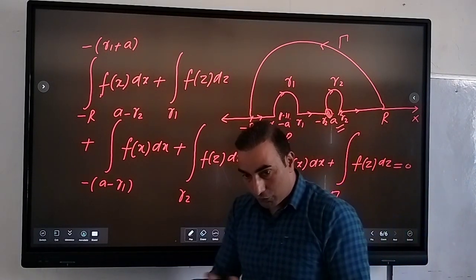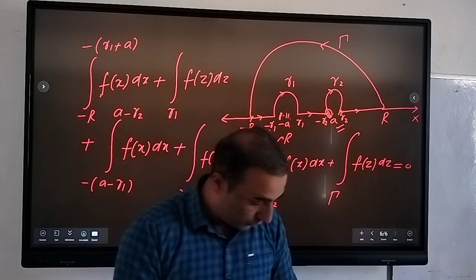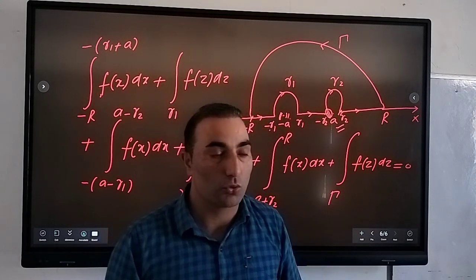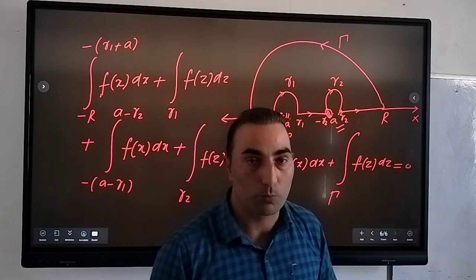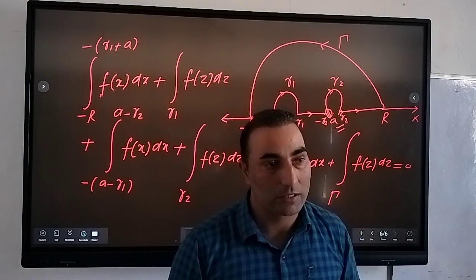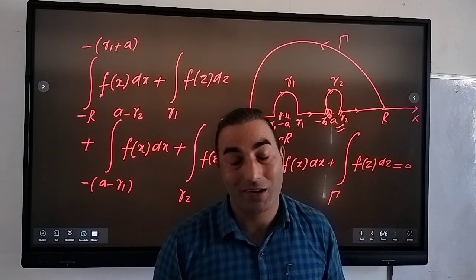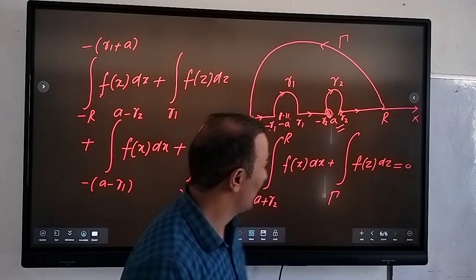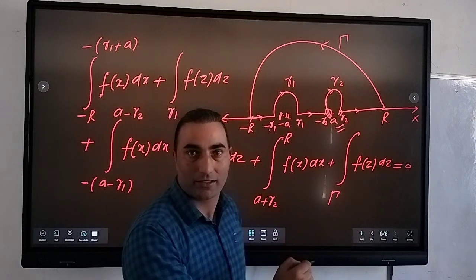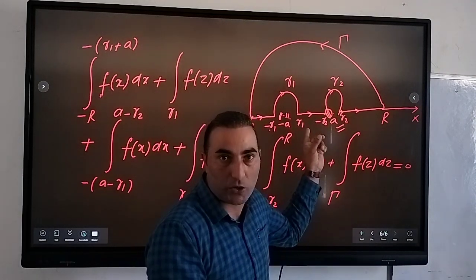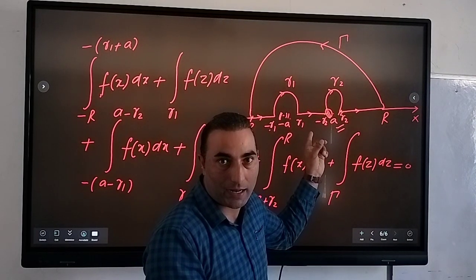So the contribution comes from all those integrals, and we put two approximations. First, when r1 tends to 0, the point is close to minus a, so it approaches the pole at minus a.